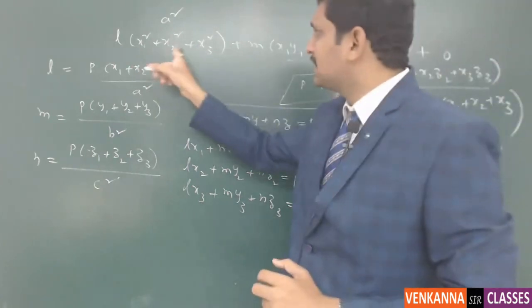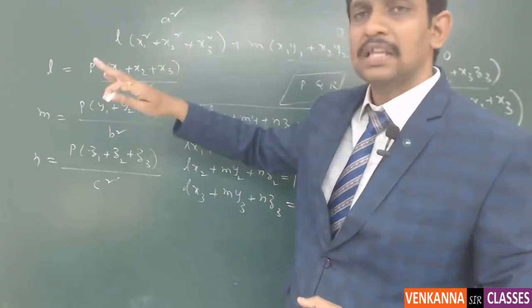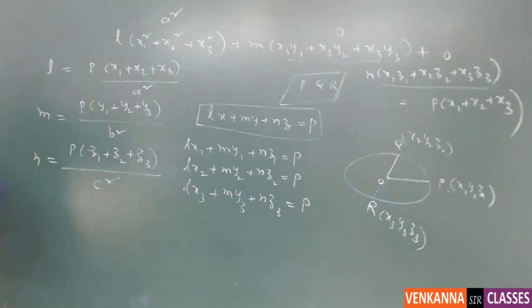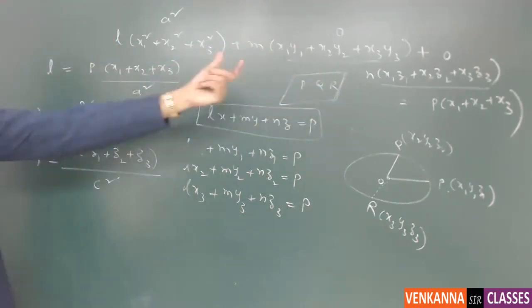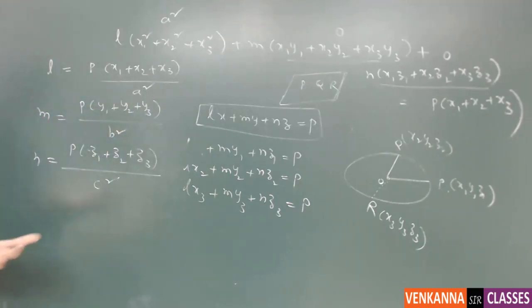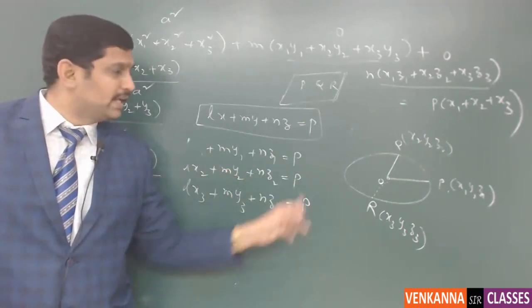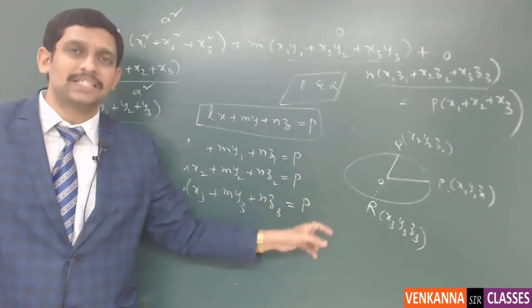Whenever you multiply the same values, you get a square, b square, c square. Did you recollect them? So this becomes 0, this becomes 0. So from this, L is equal to that value divided by a square. Similarly, I got the value of L while multiplying these three plane equations with x1, x2, x3.